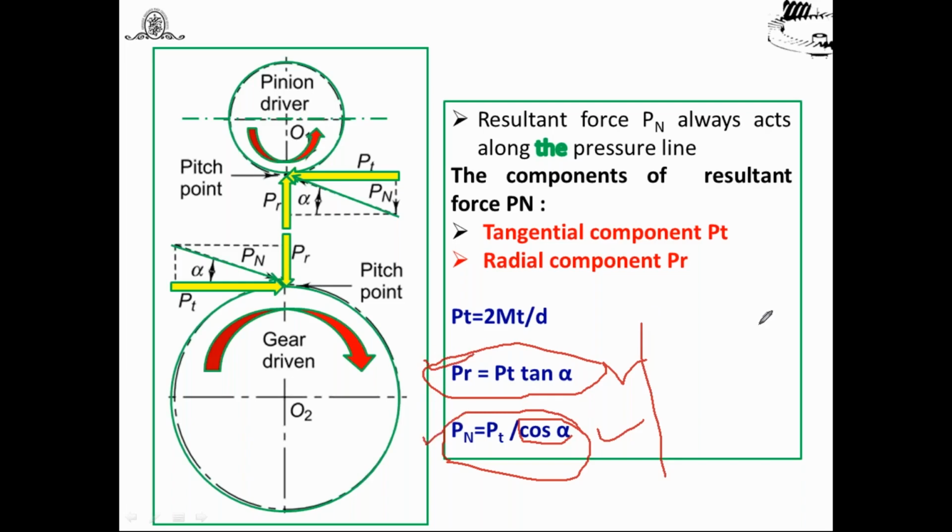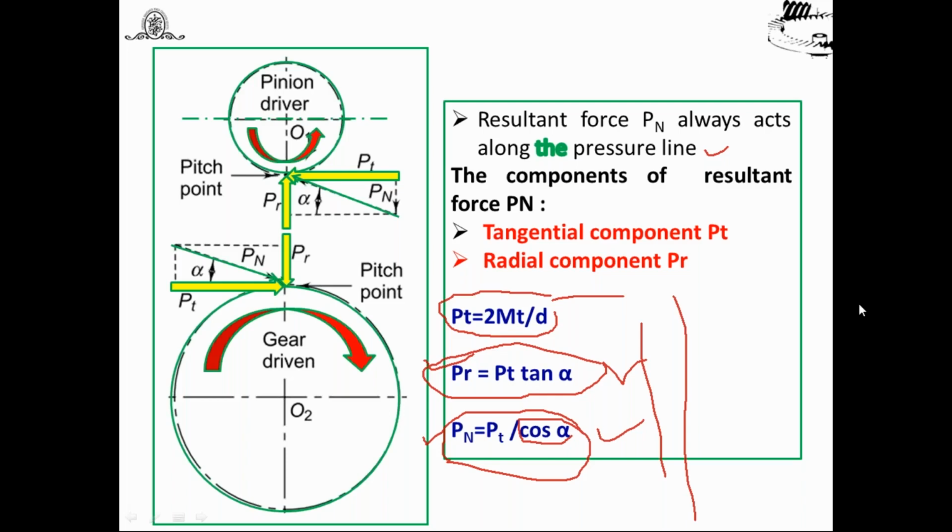In the GATE examination, last time we solved one example to find out the resultant force which acts along the pressure line to transmit the motion or torque. So we have to find PN is equal to PT upon cos alpha. You might remember that example. And PT you will get from the torque, and the torque you have to calculate from the power. This is the simple one.